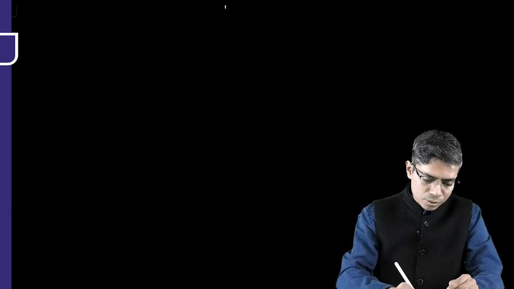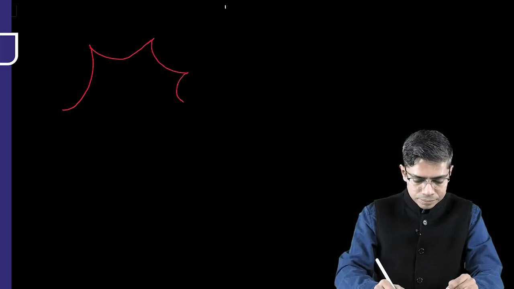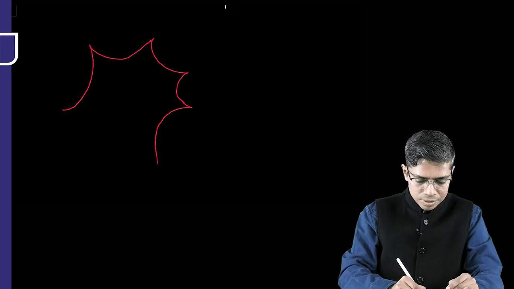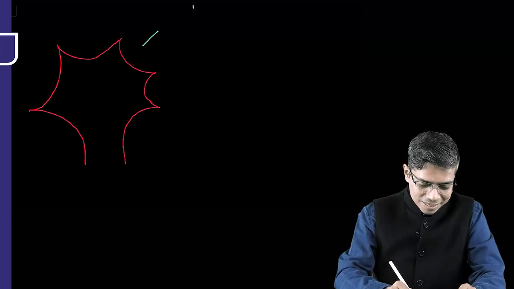Now we are going to discuss temporal summation and spatial summation with the help of a diagram. So again, the same thing, the neuronal cell body. Good, beautiful diagram, right? Here is the excitatory neuron.